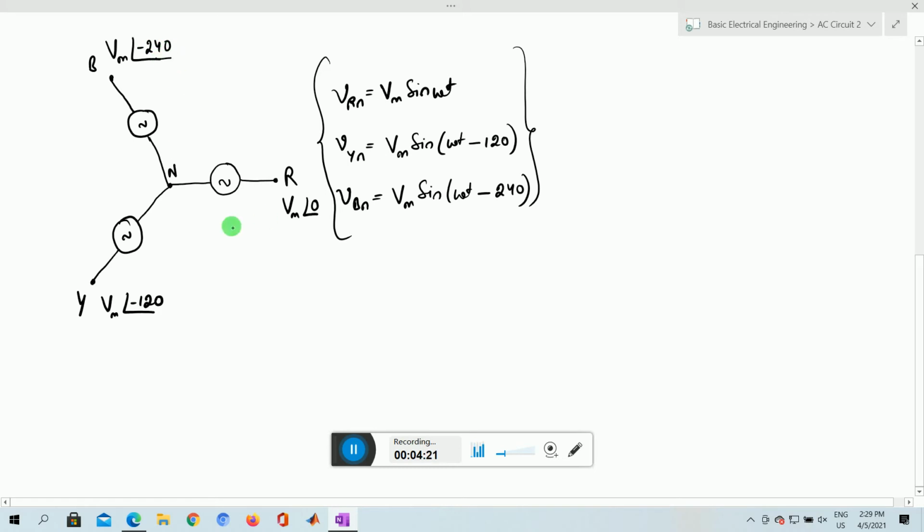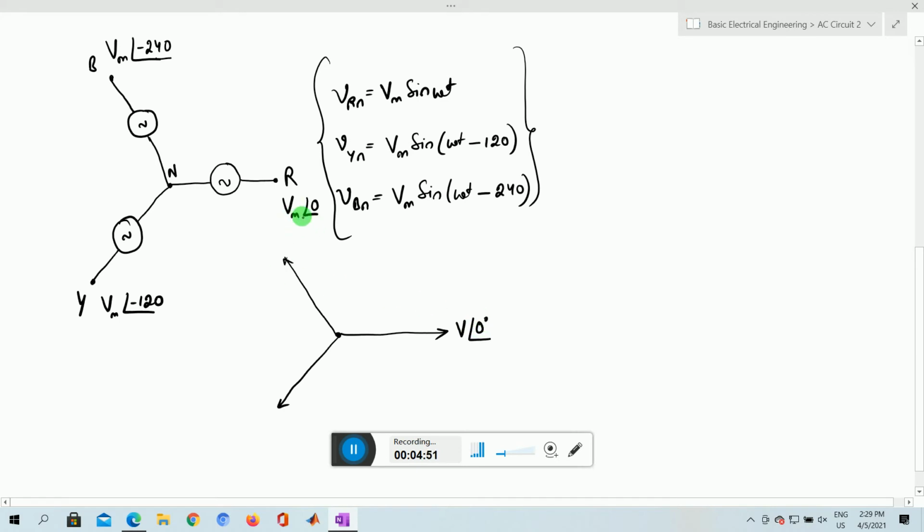We keep it in space in such a way that it can be represented in phasor form, because later on we can represent this in terms of a phasor diagram like this, with all the RYB space displaced and also time displaced by an angle of 120. So this will be equal to V angle 0 degree.